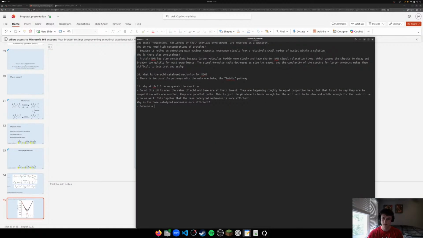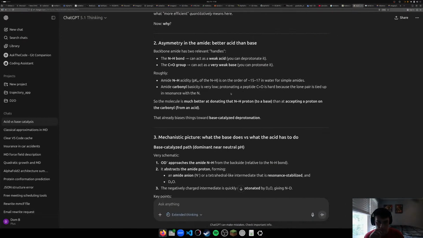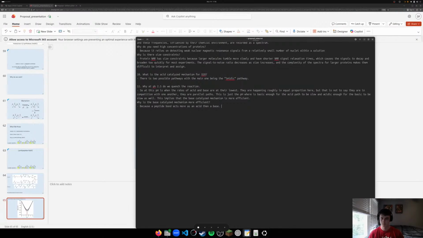Because a peptide bond acts more as an acid than a base. The pKa is around 15 to 17.